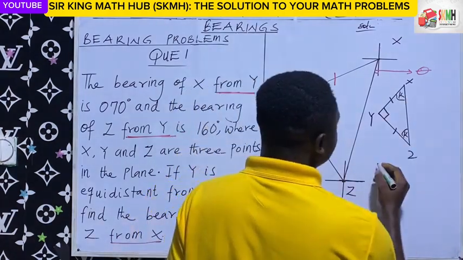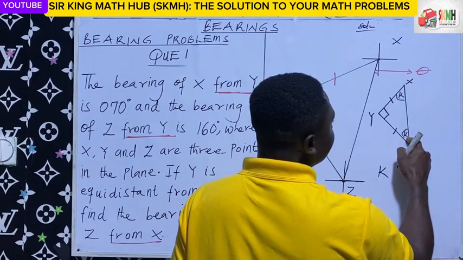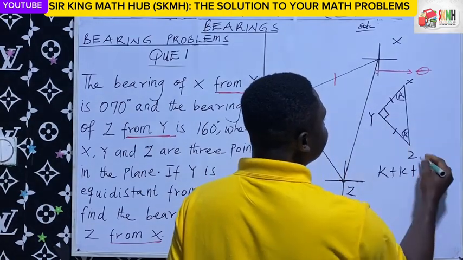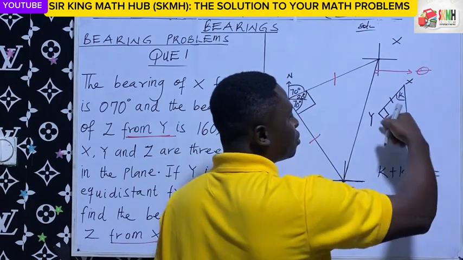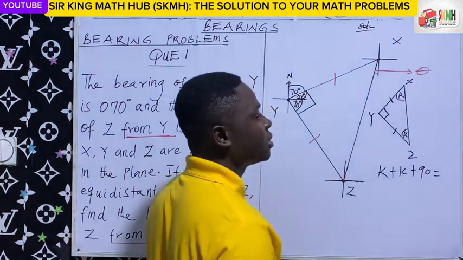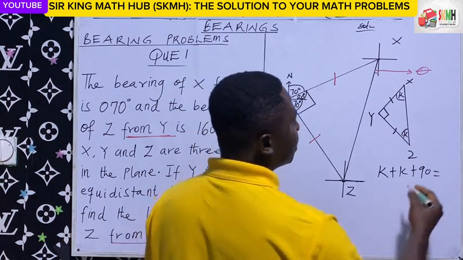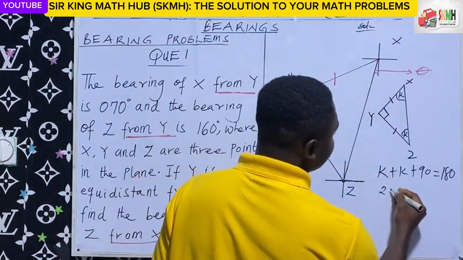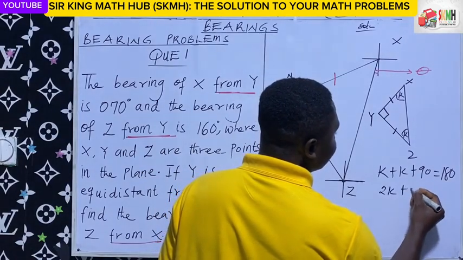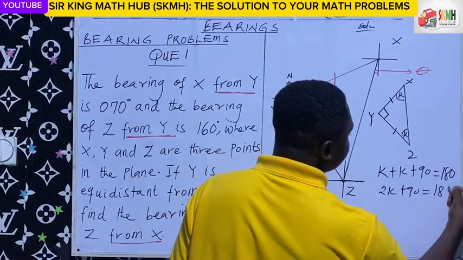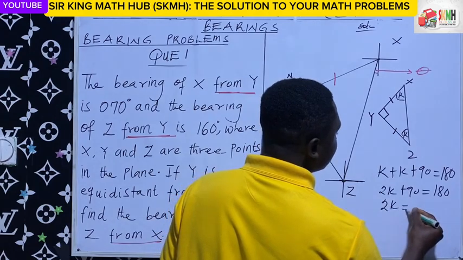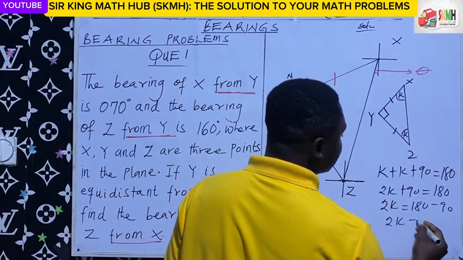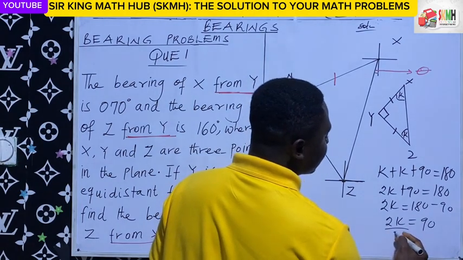So now we know that the angle K here plus this angle K here plus this 90 degrees must be equal to 180 degrees because the sum of the interior angles of a triangle is 180 degrees. So we have 2K plus 90 is equal to 180. So 2K is equal to 180 minus 90, and then 2K is equal to 90. We divide both sides by 2.